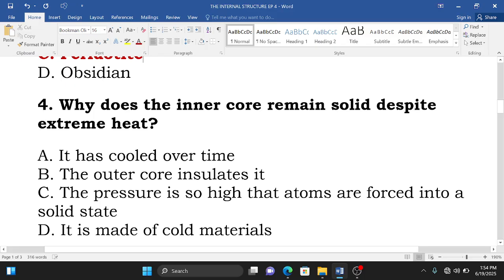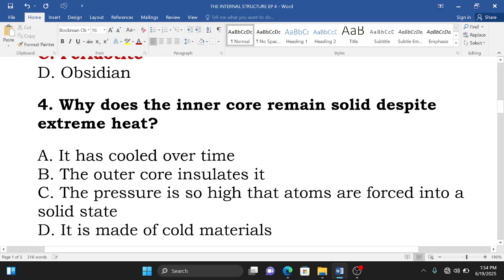A, it has cooled over time. B, the outer core insulates it. C, the pressure is so high that atoms are forced into a solid state. D, it is made of cold materials.